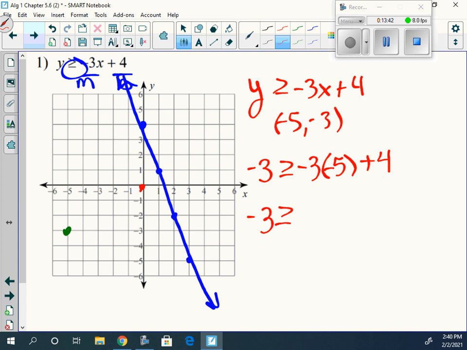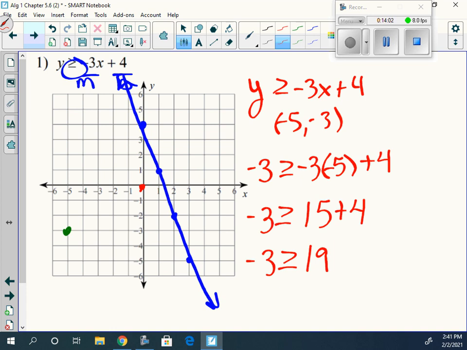Well, negative 3 times negative 5, the negative and negative would make a positive. So this would be 3 times 5, which is 15. Now 15 plus 4 is 19. Is negative 3 greater than or equal to 19?